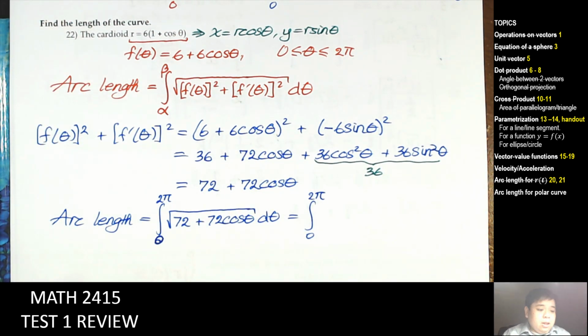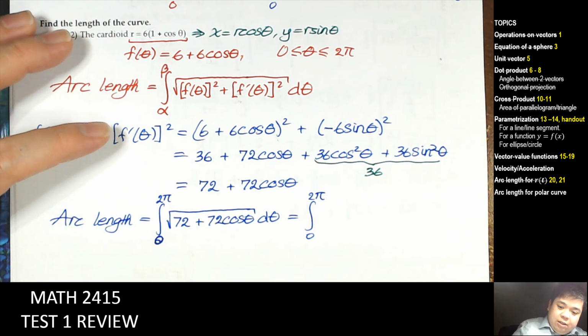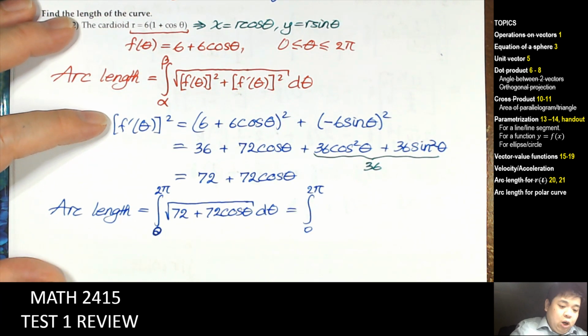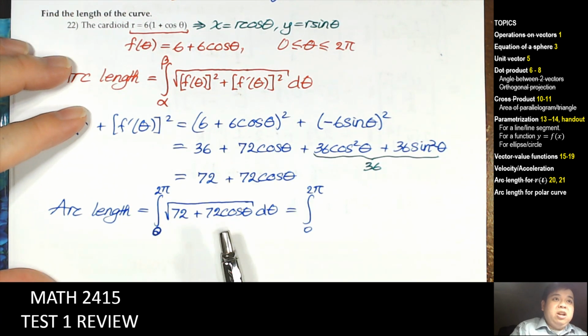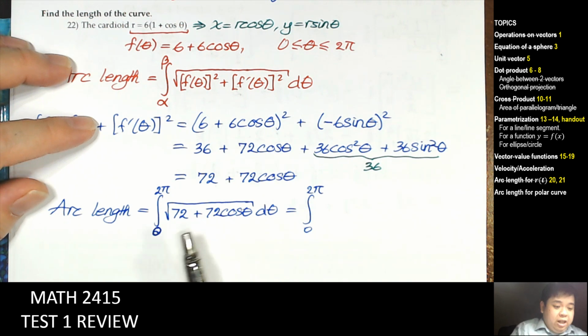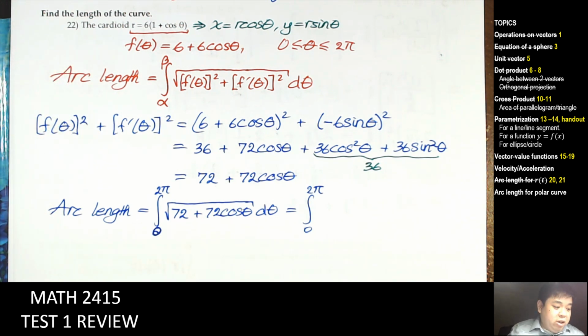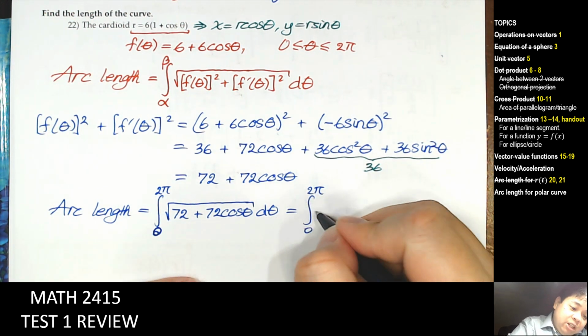Now we just need to simplify this and hopefully get something that we can integrate. Good thing this is cosine. It would be a completely different story if it were sine. The numbers are the same, which is extremely nice. So I'm going to factor out the 72.